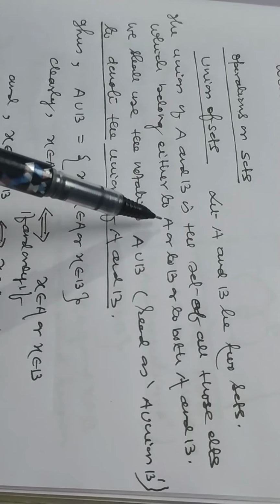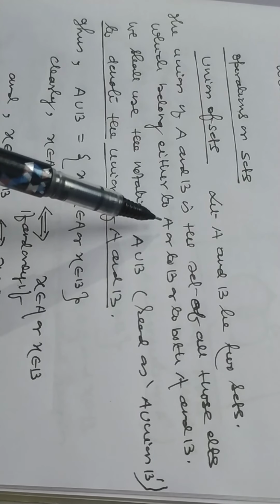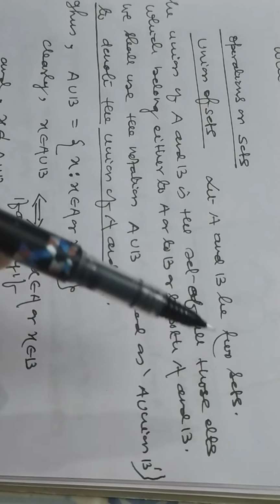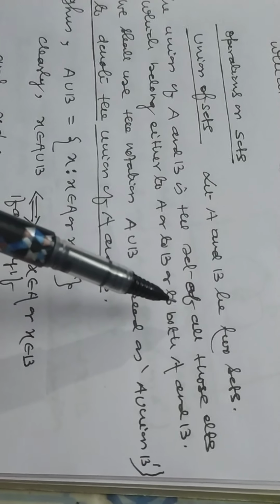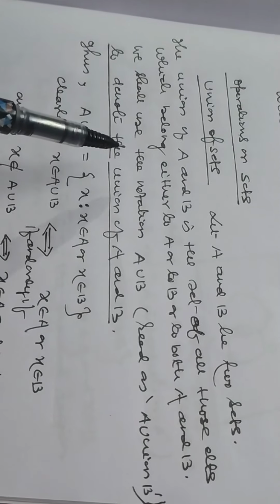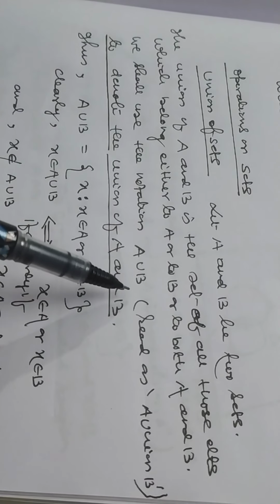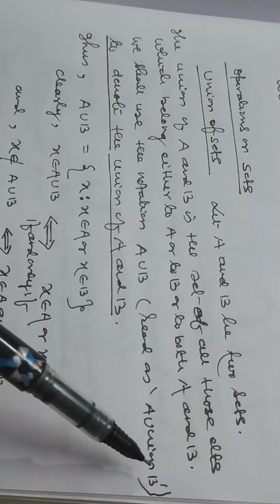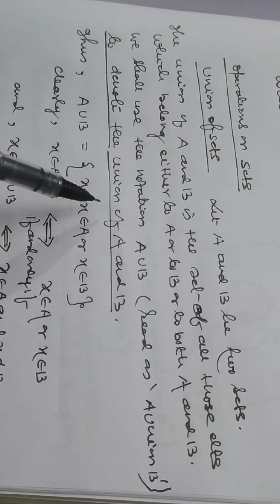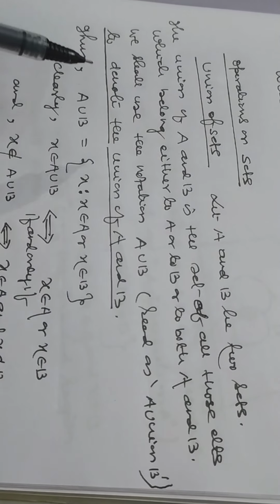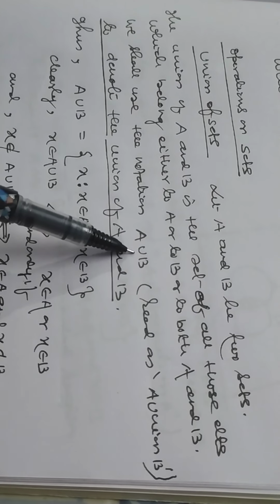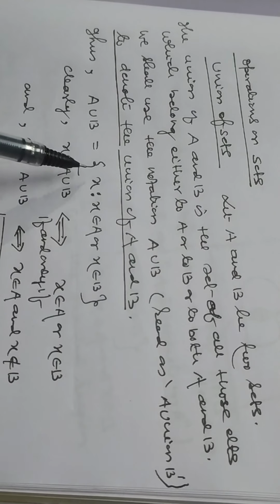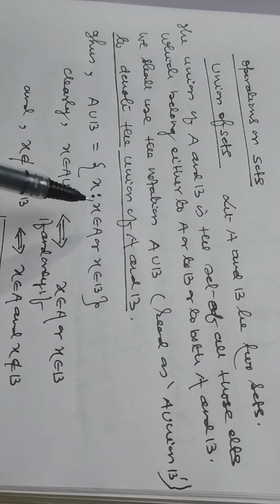Either an element of A will be there, or an element of B, or an element of both will be in the union. We shall use the notation A union B, read as A union B, to denote the union of A and B. We use this symbol.